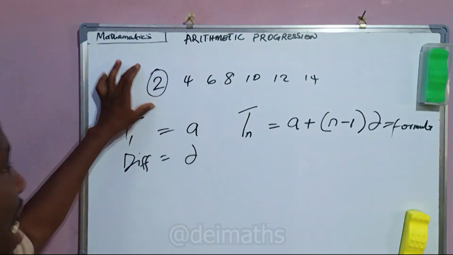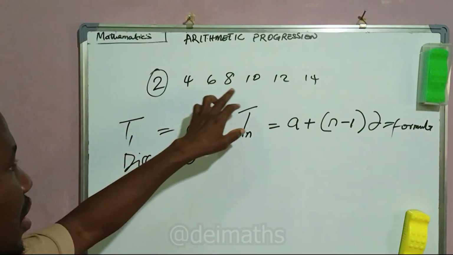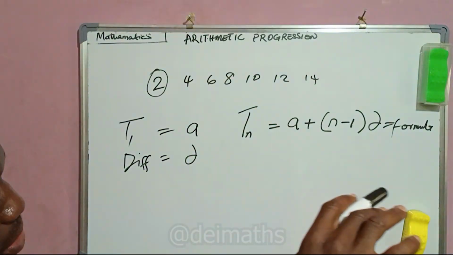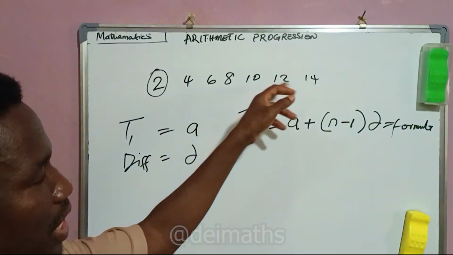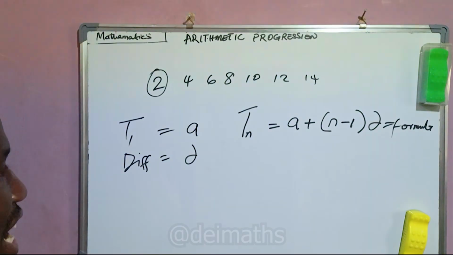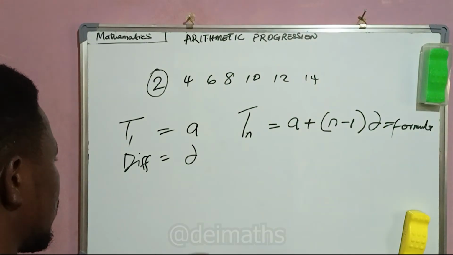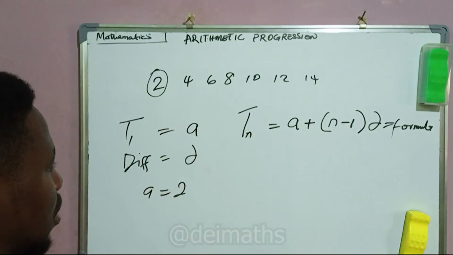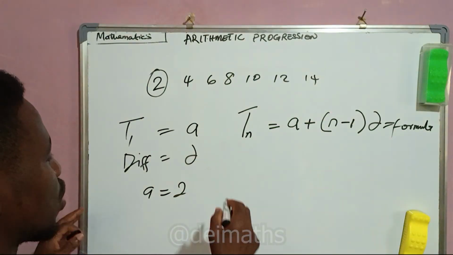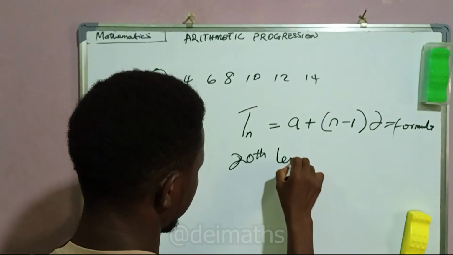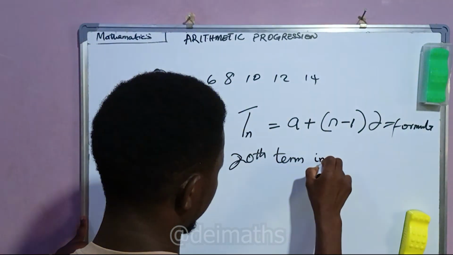Okay, take for instance, you were asked to find the 20th term of this. To start numbering them or putting them together will be hard for you. So what do we do? You've already known your first term, which is A, and our A here is 2. Then you are asked to find the 20th term.